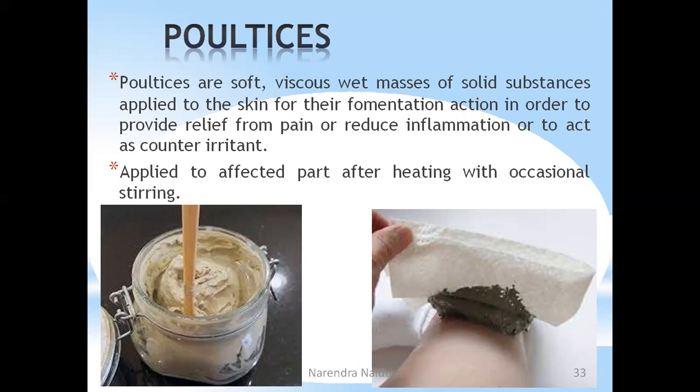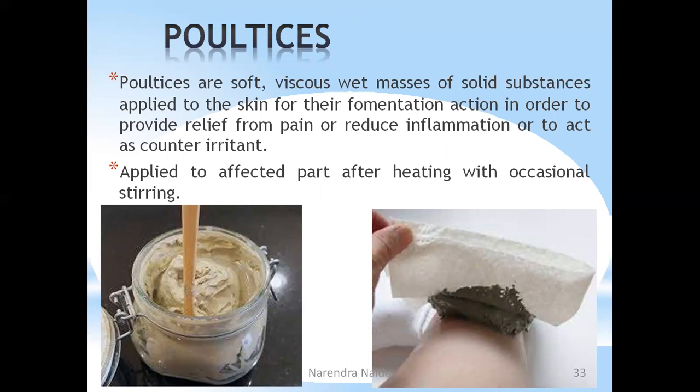What are the actions of these poultices? These poultices mainly relieve pain. If any pain occurs at some part of your body, when you apply these poultices, it may relieve the pain. And inflammation. Inflammation means what? You always remember in pharmacy, inflammation means swelling.